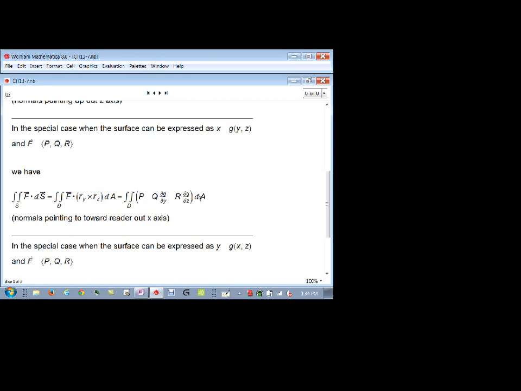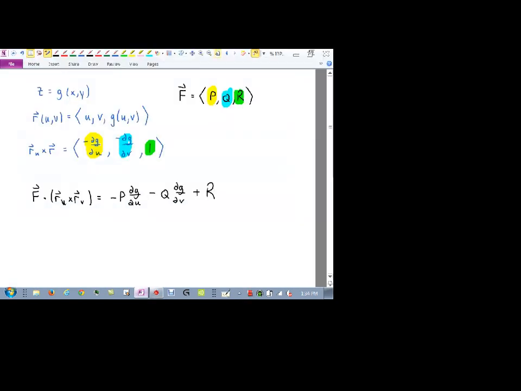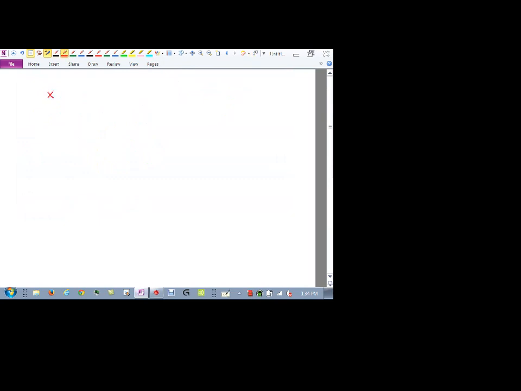Now, the way we get that, and I think it's important to walk through it quickly, is that this time x is a function of y and z, right? So if I rewrite this r of uv, how do I do this?